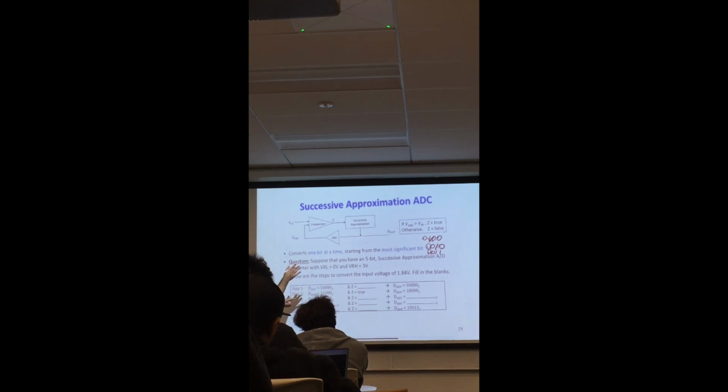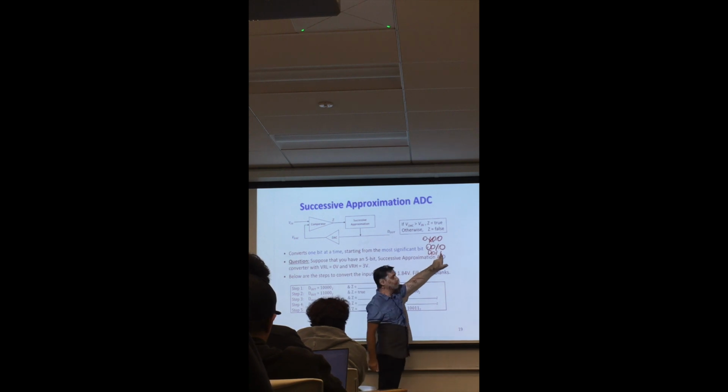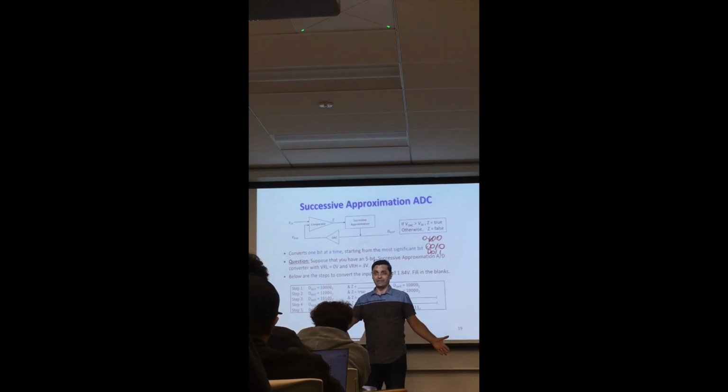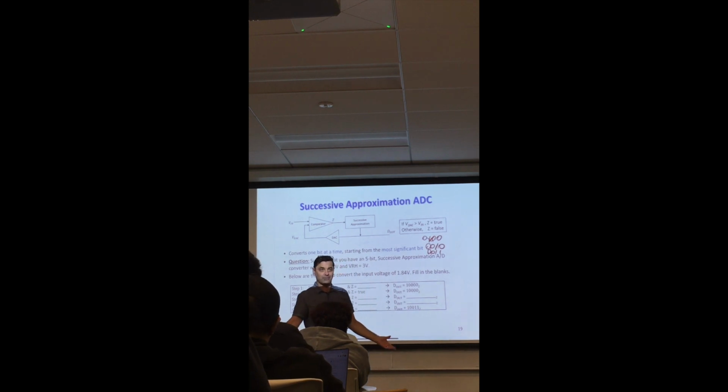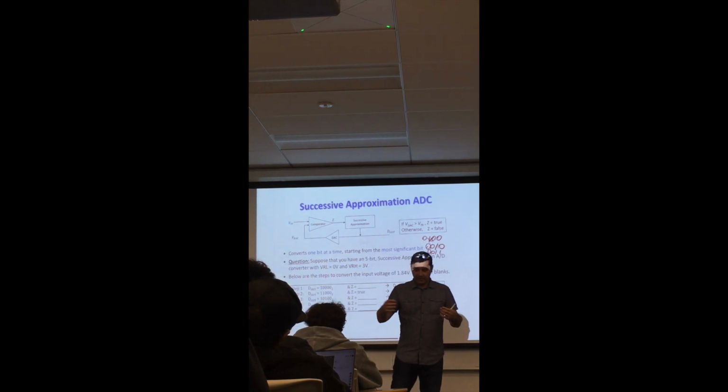If it is still lower than the input value, it will keep this bit. In this case, it will stop, because all bits are done. It's the best it can do. Is that clear? That process continues with all bits. So this is to say, these are the questions that I may ask based on this.